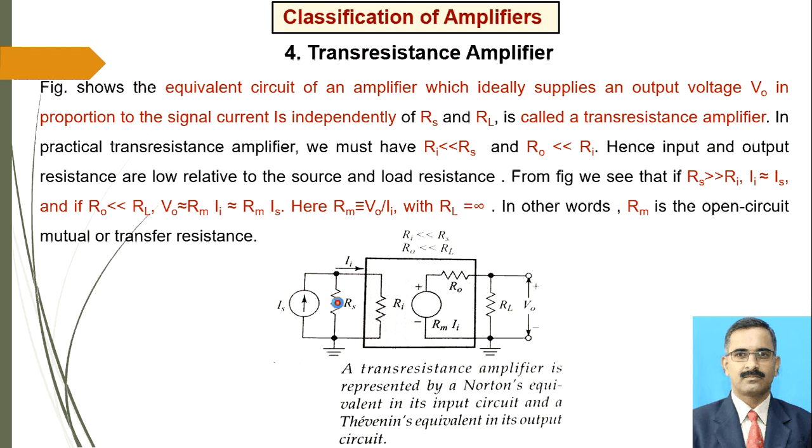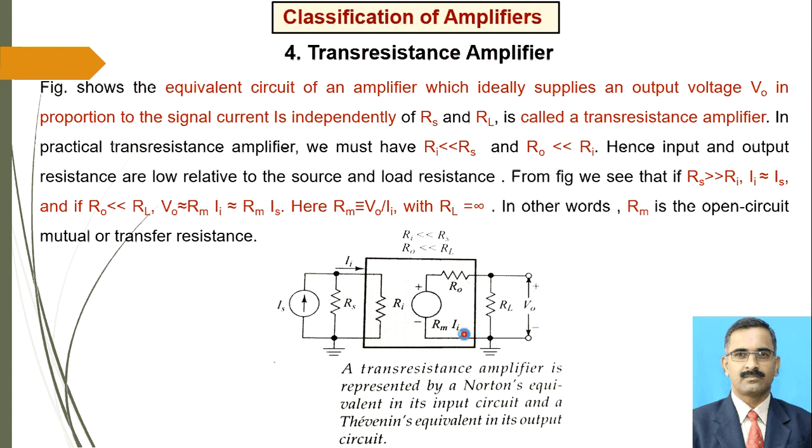And R0 is very much less than RL. This is RL, not Ri. That means R0 is also very much less than RL. Hence, the input and output resistances are very low.